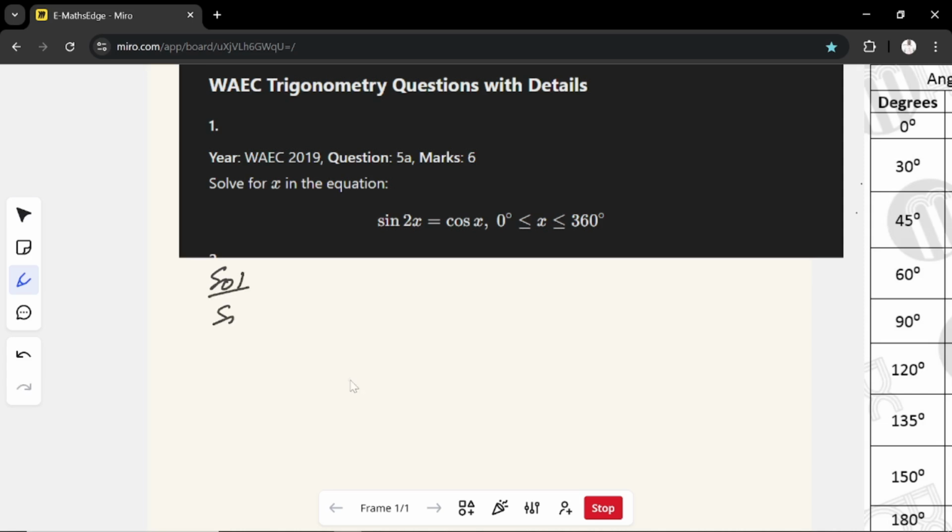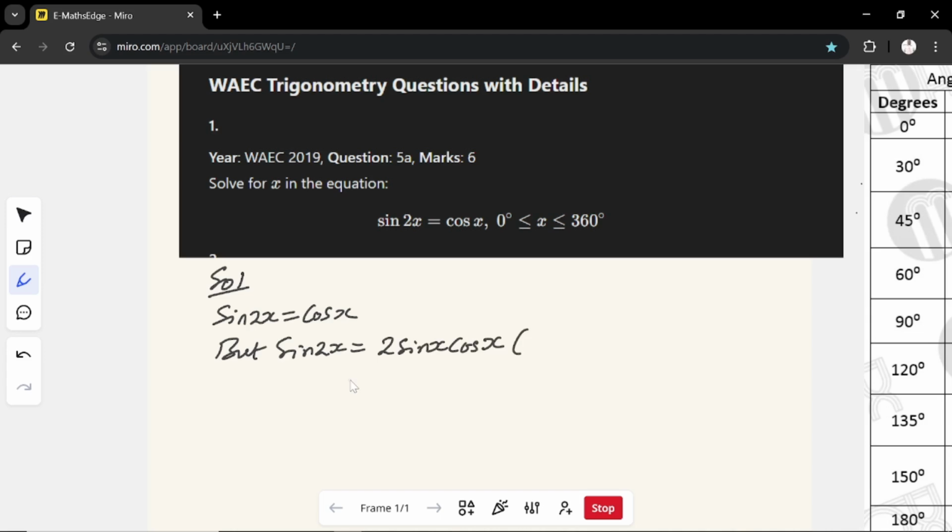Now the question is sine 2x equal to cos x. But there's something you need to note. Sine 2x is equal to 2 sine x cos x.